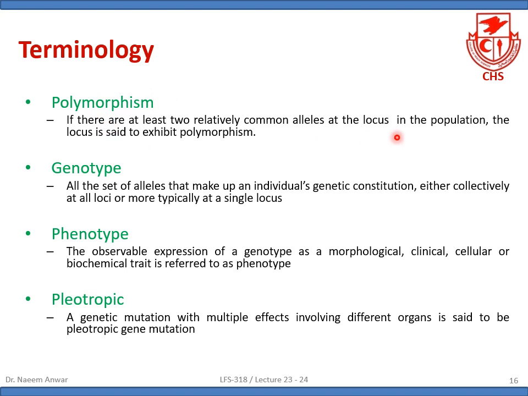So if we have at least two relatively common alleles at the locus in the population, it is polymorphism. The genotype we talked about is the genetic makeup of the individual, while the phenotype is the expression or the morphology of this genotype. Pleiotropic is a genetic mutation that will cause many effects that involve different organs.